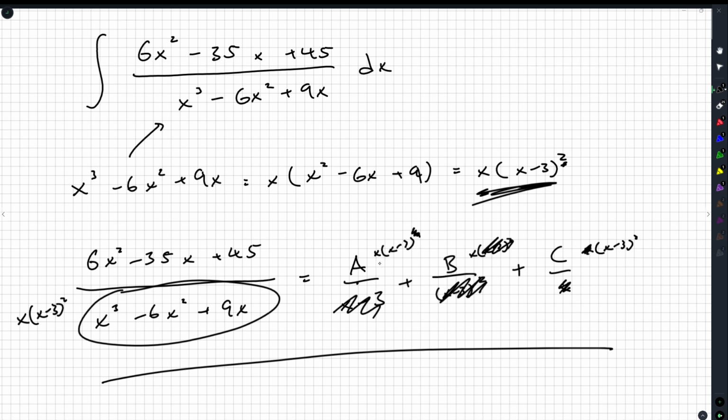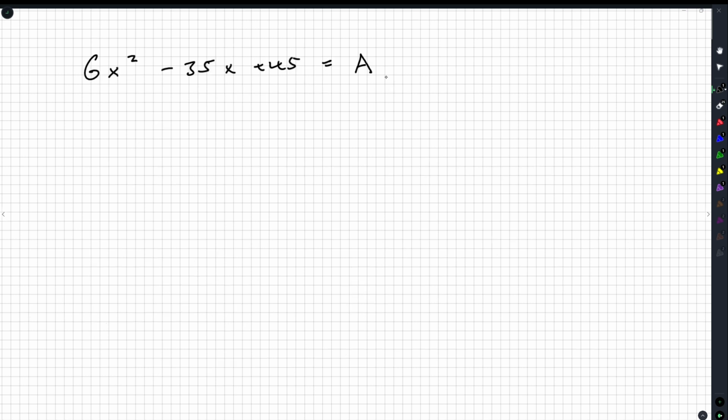And then we're not looking at big, scary rational expressions anymore. We've got one polynomial equal to another polynomial. So we'll have a times x times x minus 3 plus b times x plus c times x minus 3 squared. Okay. So now we've got to figure out the a, b, and c.